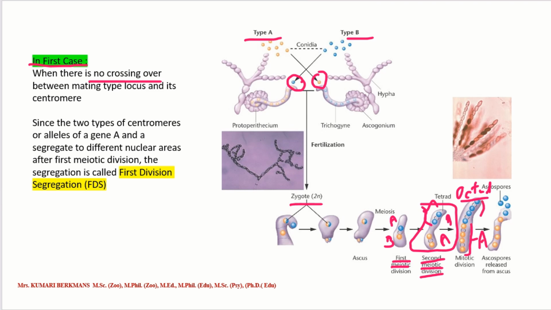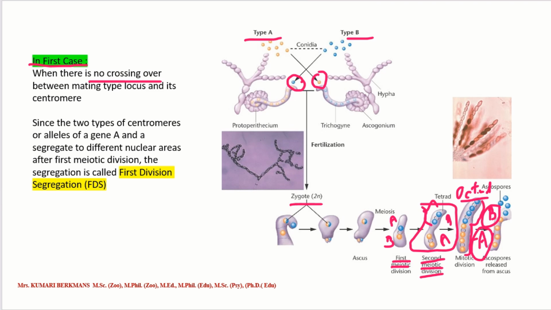In the other ascospores there is the B type of chromosome. So there is no crossing over, and a pure progeny is produced from the ascospores. This is the ascus. From the ascus, 8 ascospores are produced.